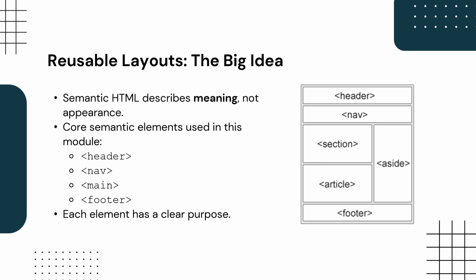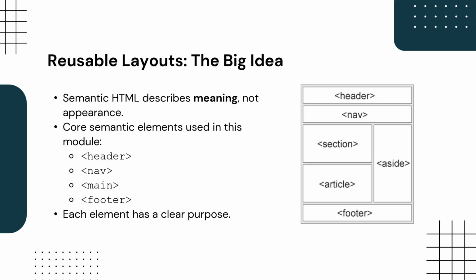In HTML, we create reusable layouts using semantic elements. Semantic HTML describes the role of the content, not just its appearance, and it uses HTML tags that give meaning to the content inside of them. They help improve accessibility for screen readers, boost search engine optimization, and make your code easier to read and maintain.